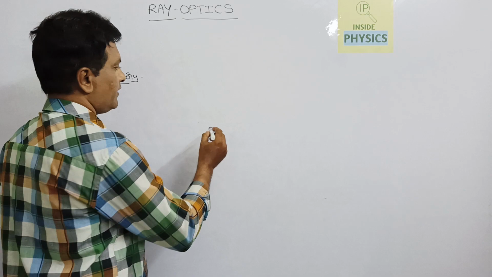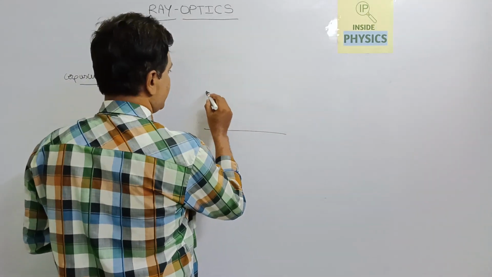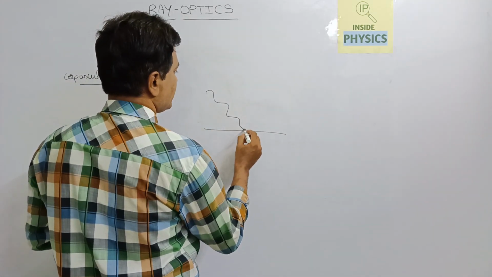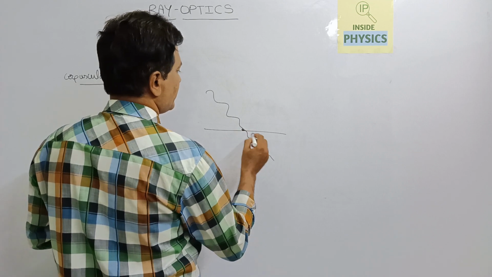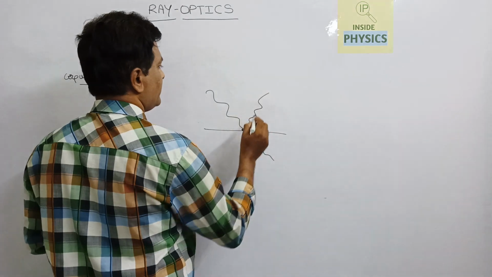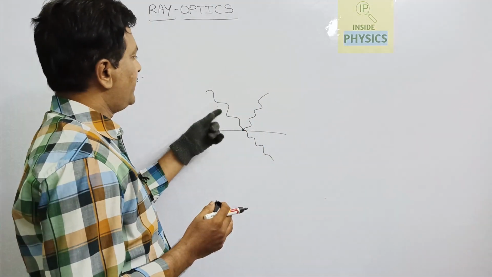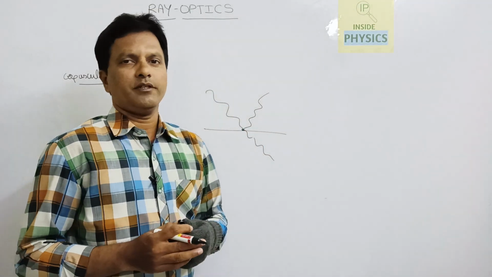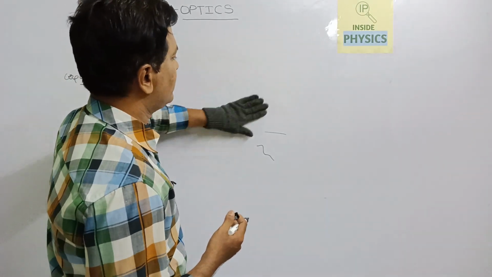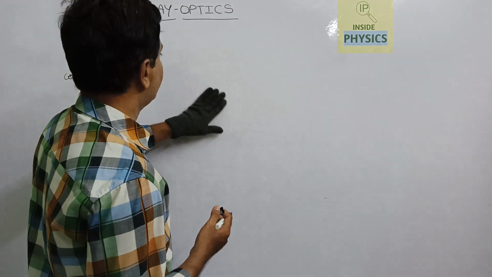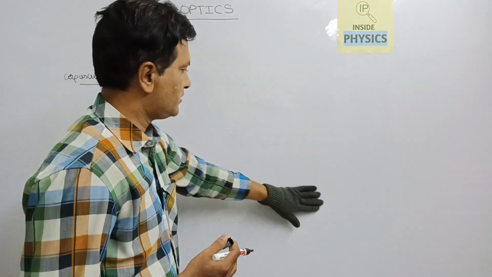So if light is considered as a wave incident on an interface, it will be partially refracted and partially reflected back. The light ray is split into two waves. So by wave theory, we can successfully explain the reflection and refraction process.